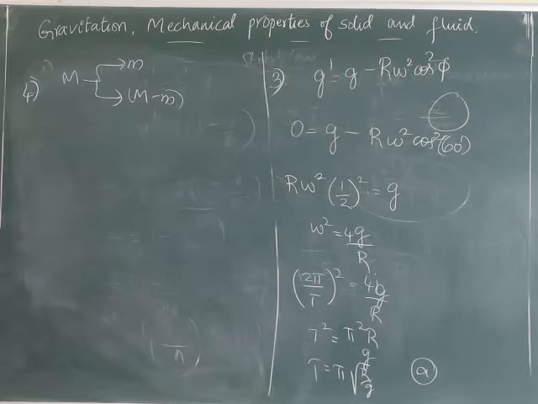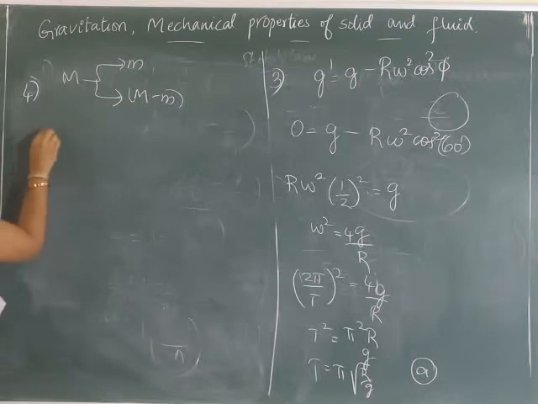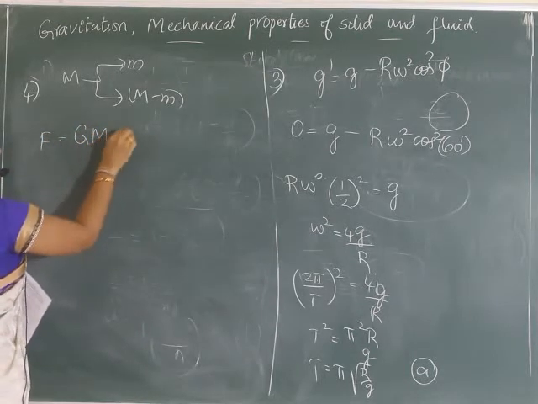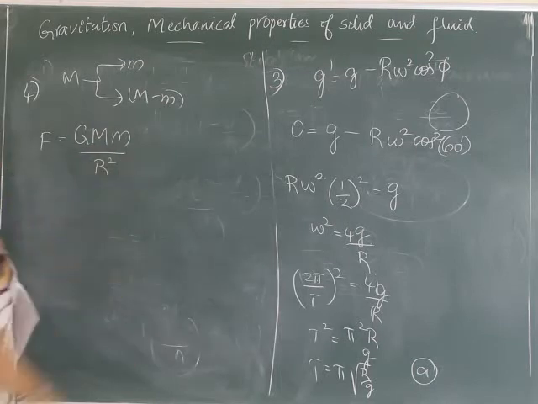What ratio of m by M maximizes the gravitational force between the two parts? We know the expression for the gravitational force is F is equal to G m1 m2 by R square, correct?